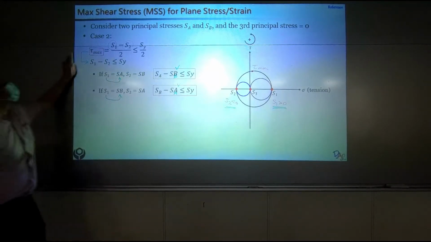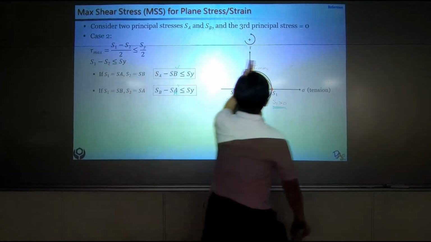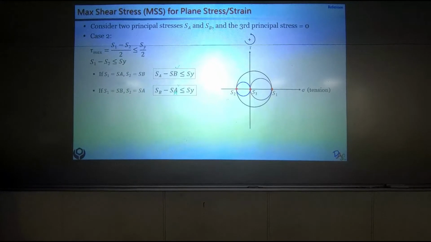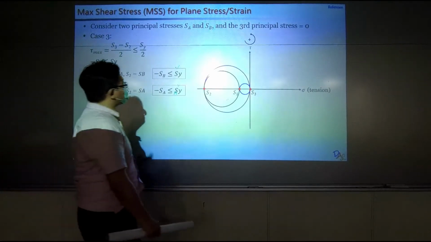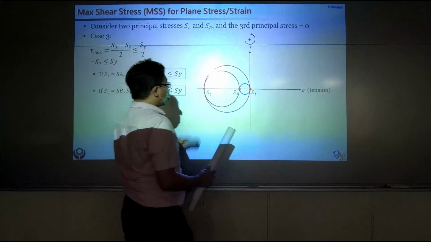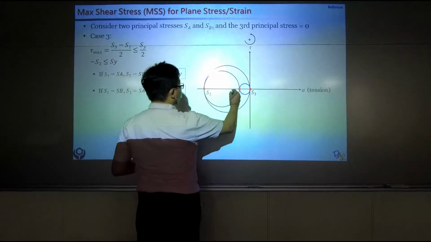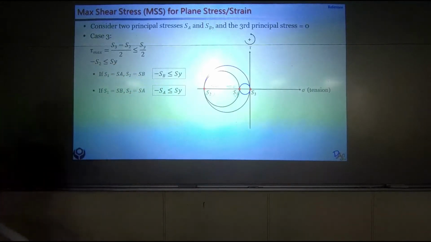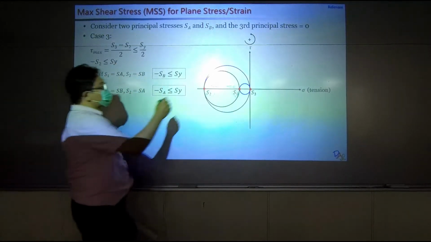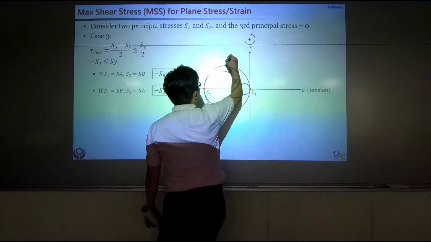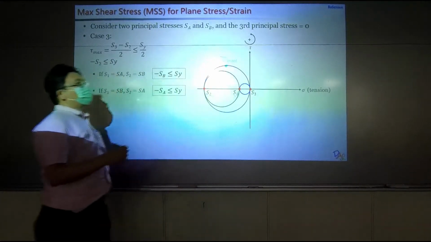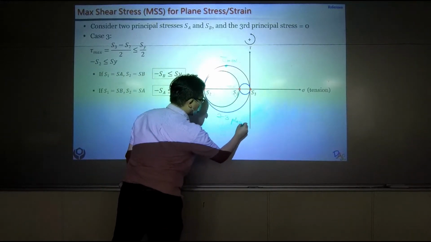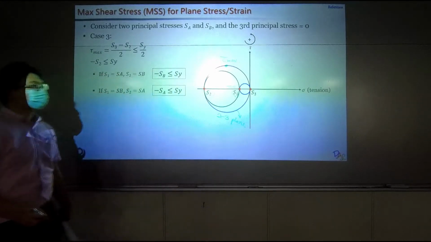Okay? Now, let me move on to the third one. The third situation is similar to the first one. The third situation is where both of your S1 and S2 are negative, both negative. In this case, when we discuss where our maximum stress is, we will focus on the 2-3 plane. The Mohr circle on the 2-3 plane.